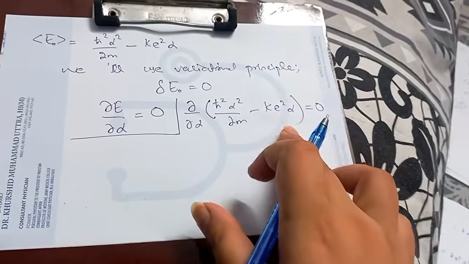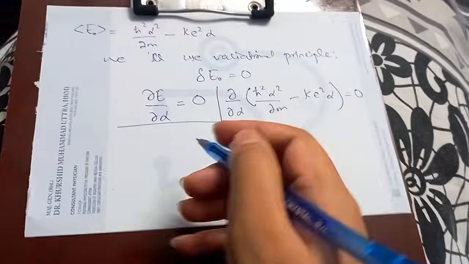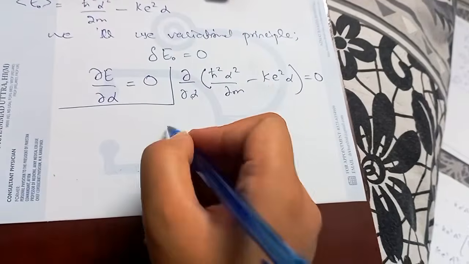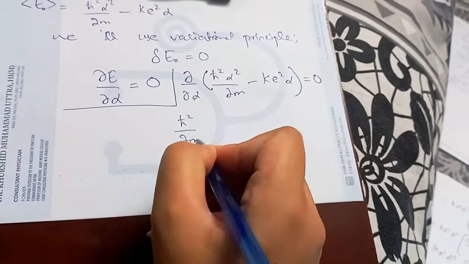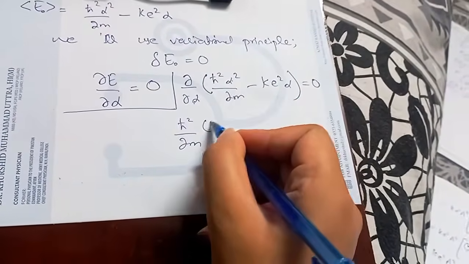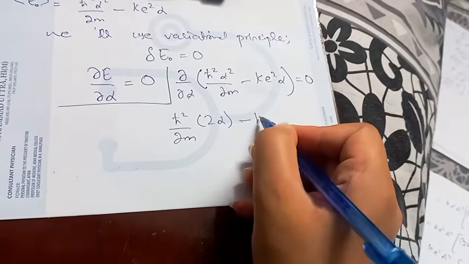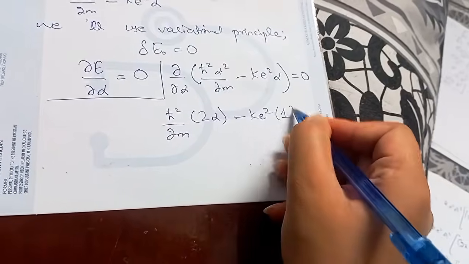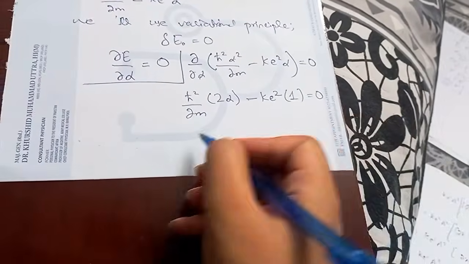We'll calculate the value of alpha from this equation. Okay, so first differentiate with respect to alpha. H square by 2m is constant. Derivative of alpha square is 2 alpha. Simply minus k square is constant. Derivative of alpha is 1, equal to 0.